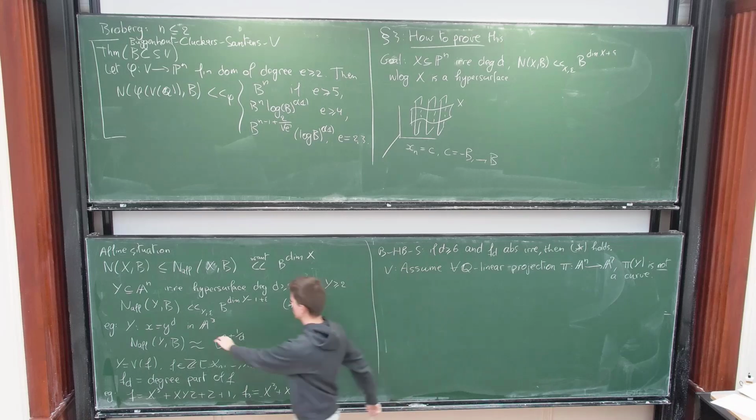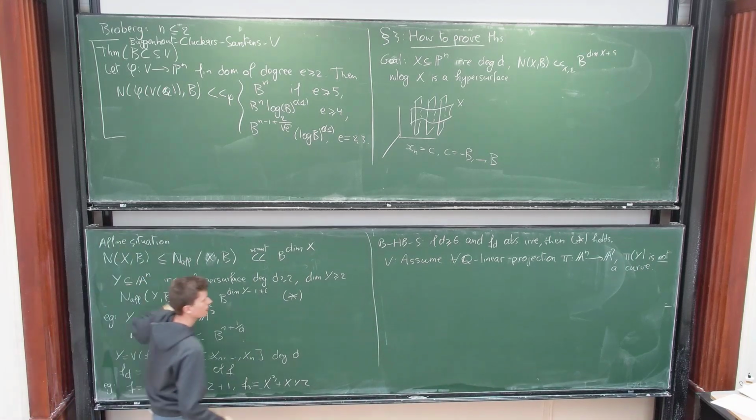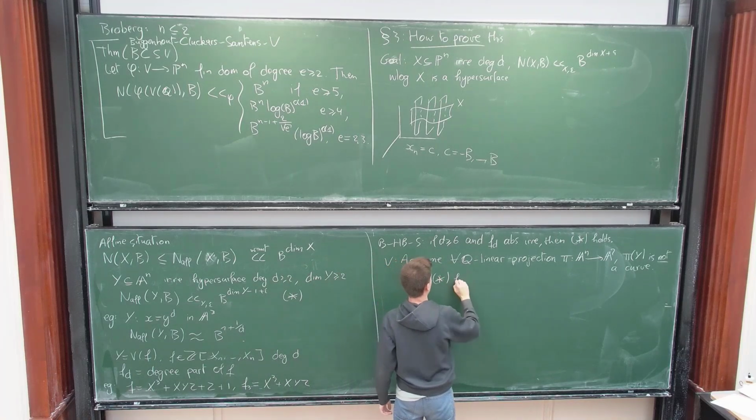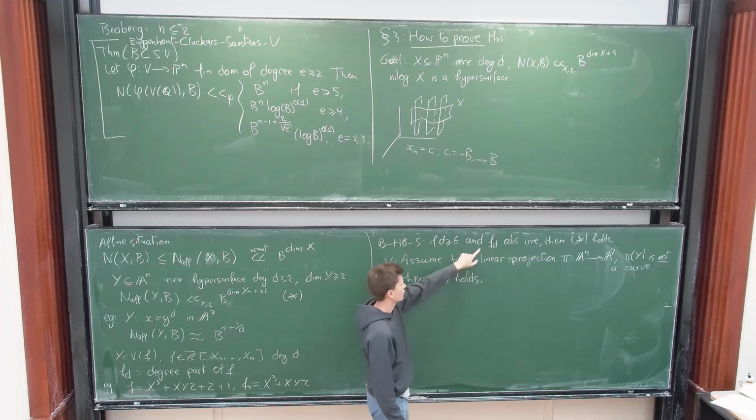In this example, there's clearly a projection to x and y, so it's a curve. Then this bound also holds. And this assumption, absolute irreducibility of f_d, implies this one. So this is much weaker.